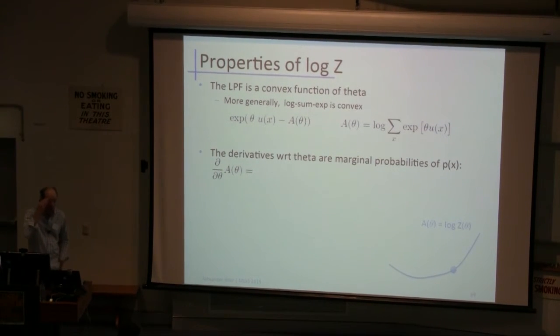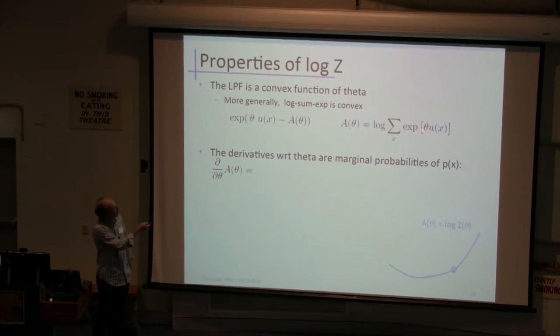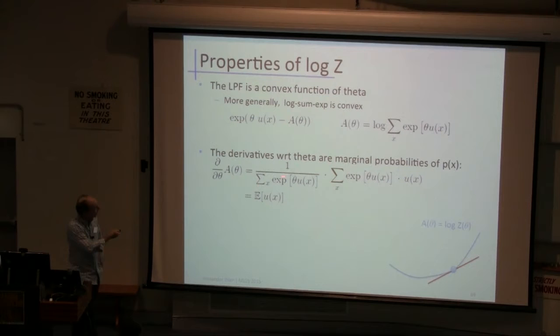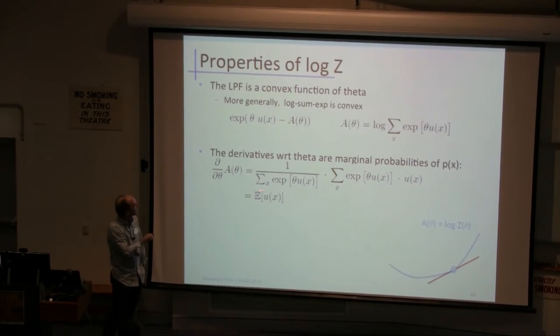A nice view of this comes from taking the derivatives of this log partition function. So the log partition function here, log sum exp of our model, if you take the derivative of this with respect to a parameter theta, what you find is you're going to get 1 over sum of e to the theta times the derivative of e to the theta. So this derivative actually ends up computing the expectation of that particular feature.